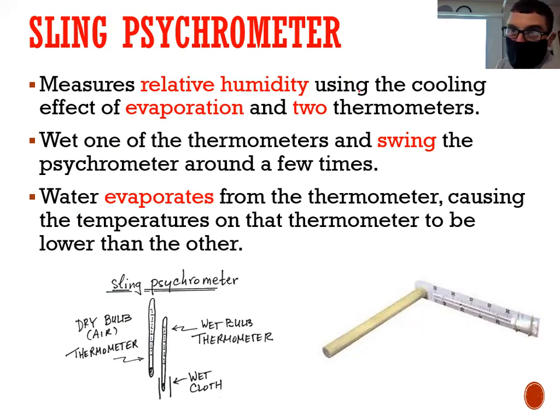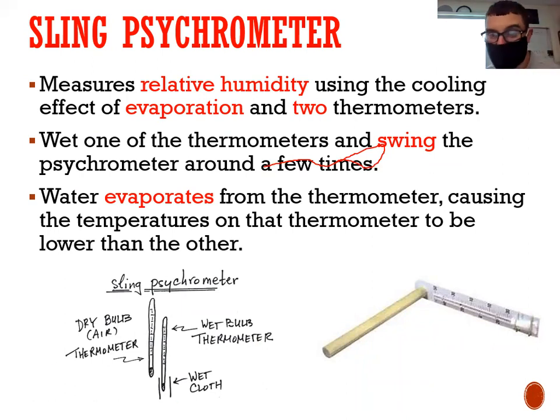I like that the whole first bullet's good. Wet one of the thermometers and swing the psychrometer around a few times. This all kind of works. I don't know how much of this I can break down. I'll break down a few times, but everything else is fine. Everything else is good.